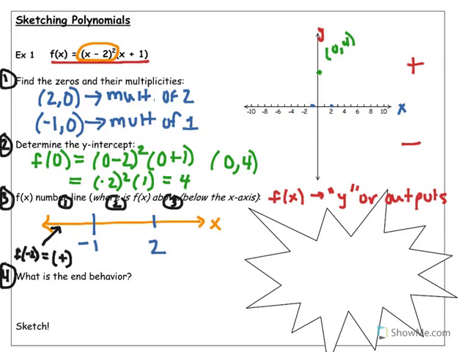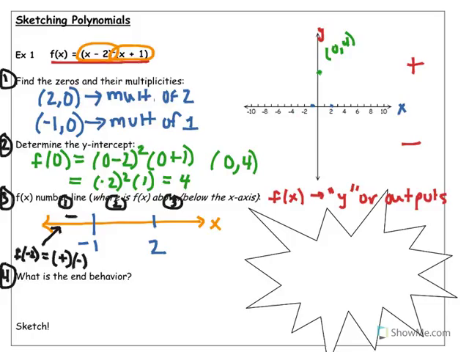Now what happens when I plug -2 into my second factor? -2 plus 1 is a negative, namely -1, but again, I really only care about the sign because I'm trying to figure out whether my f of x values are positive or negative. So when I plug in -2, I have a positive times a negative, so the sign of f of x is going to be negative.